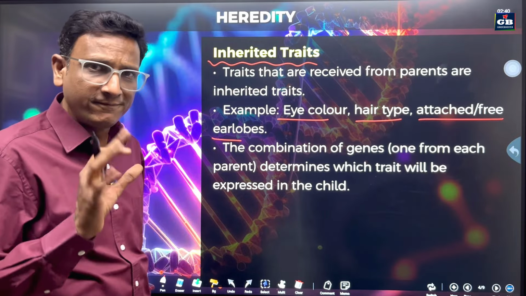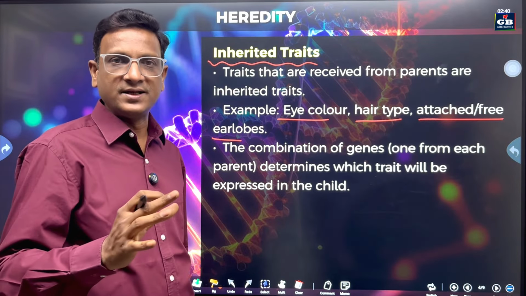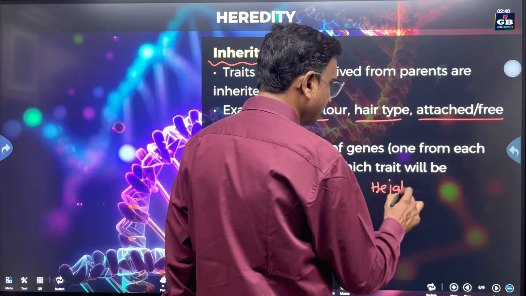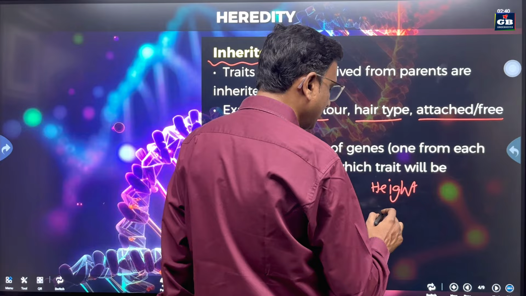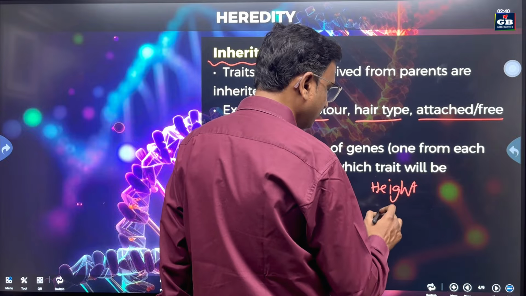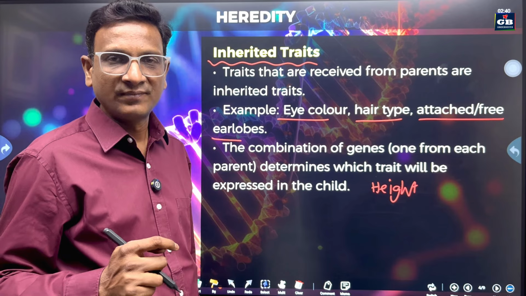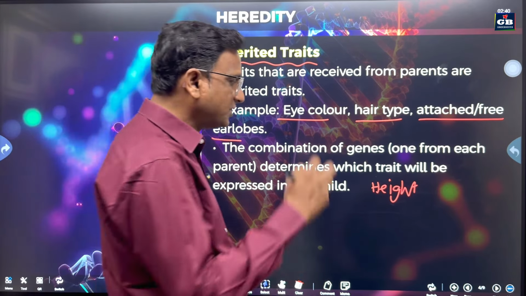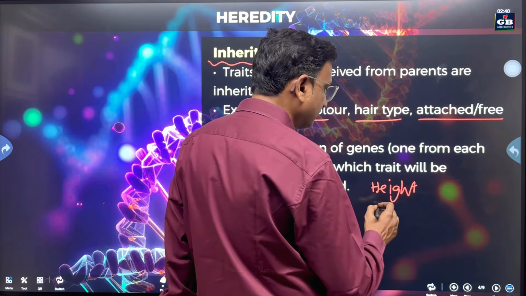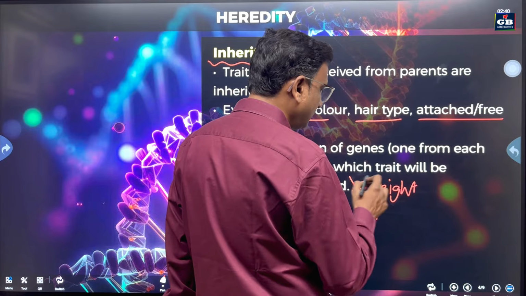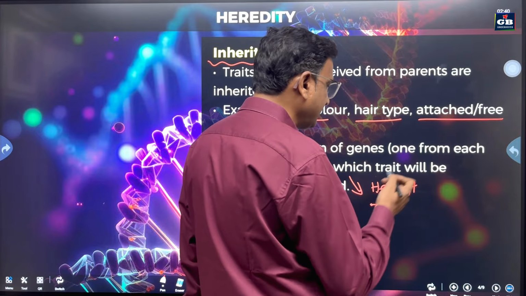Every organism will have two genes for each trait. For example, height. Height is a characteristic trait. For this height, there are two genes to control it.